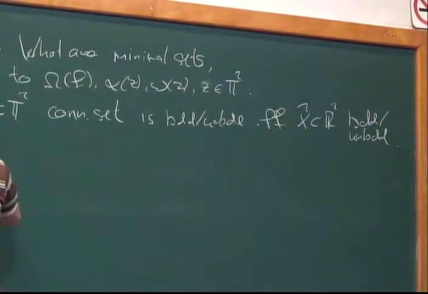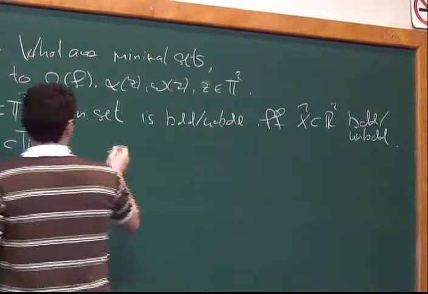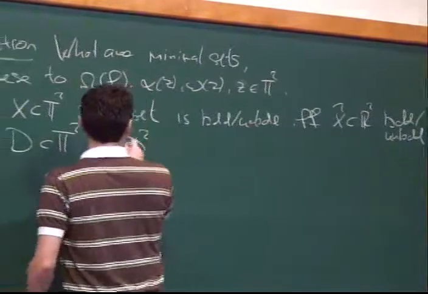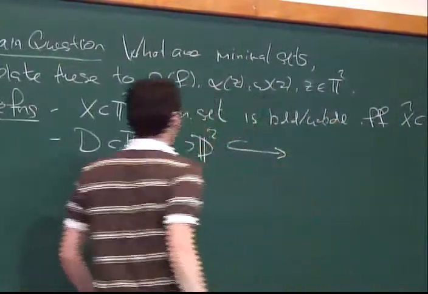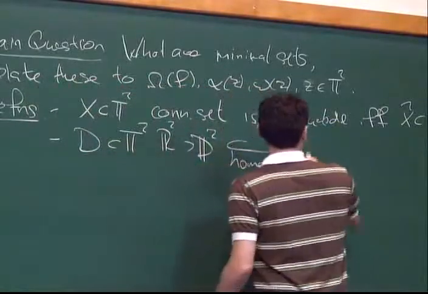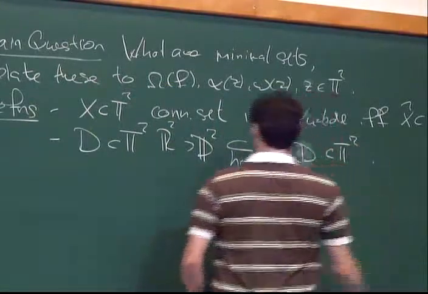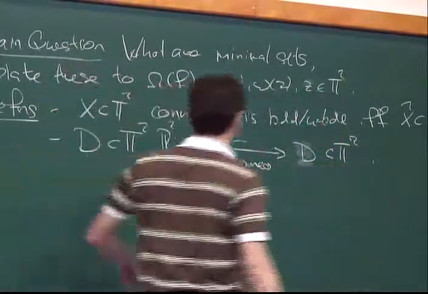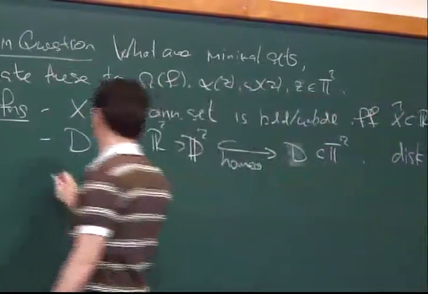I will call a disk in the torus the injection of the unit disk, say, in the plane by a homeomorphism into the torus. And similarly, this would be a disk, and an annulus.